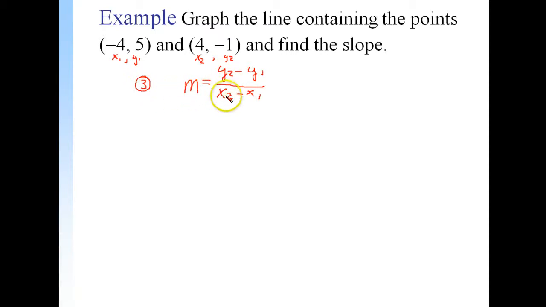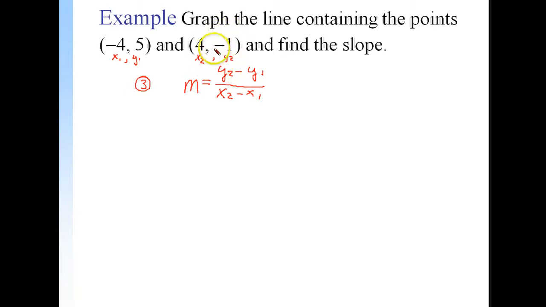And here, x sub 2 minus x sub 1. Now, it doesn't make any difference which ones you designate as the sub 1s and the sub 2s. What they showed in the other one, you could switch them around. But try to stay with one way, and that's how you always do it. So I always say the second set of coordinates are the sub 2s.